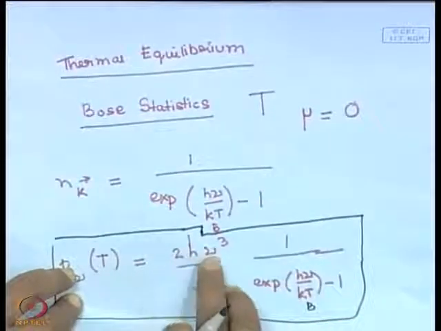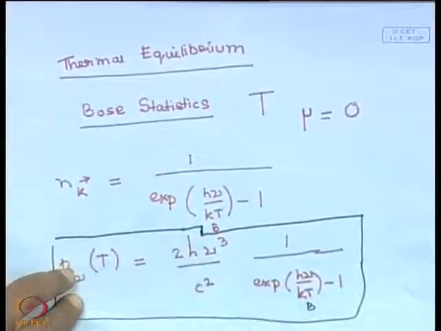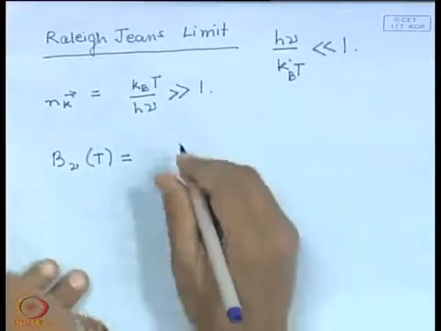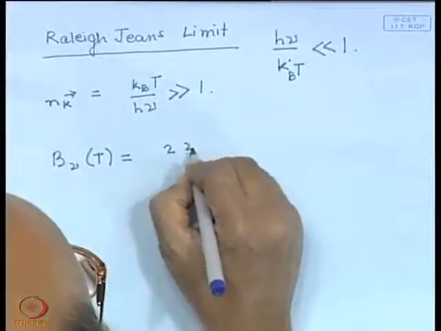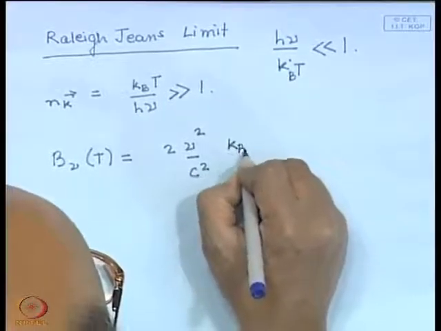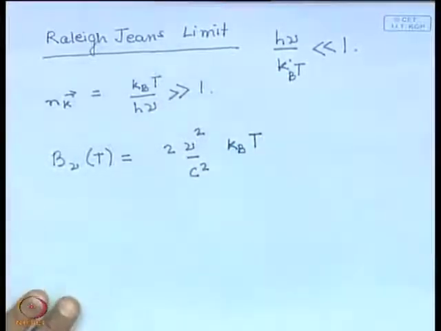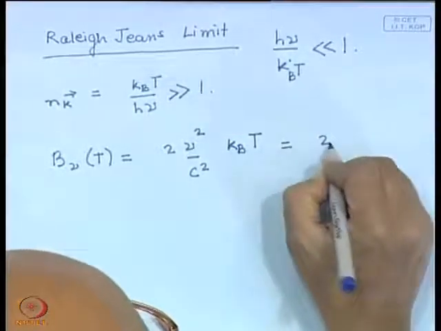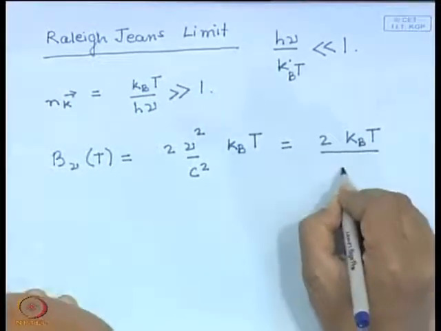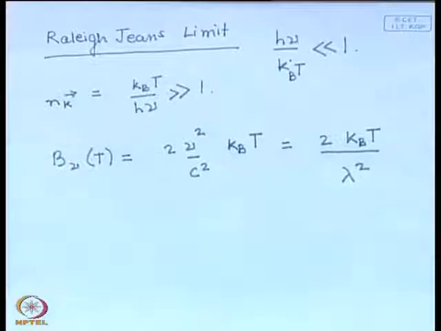So, one factor of h nu cancels out, and what we have is 2 nu square by c square, the Boltzmann constant, into the temperature of the radiation, which can also be written in a form that is quite easy to remember, 2 kB T by lambda square. Okay. So, in the Rayleigh-Jeans limit we see that the Planck function takes a relatively simple form.